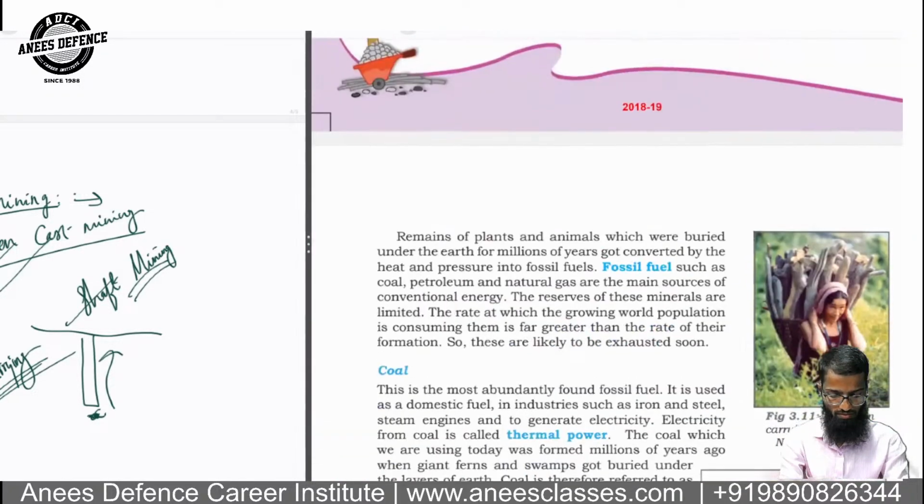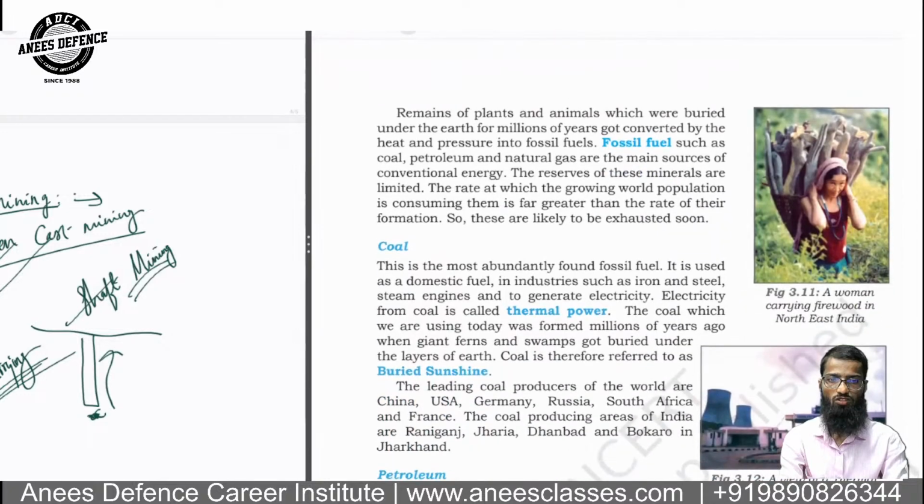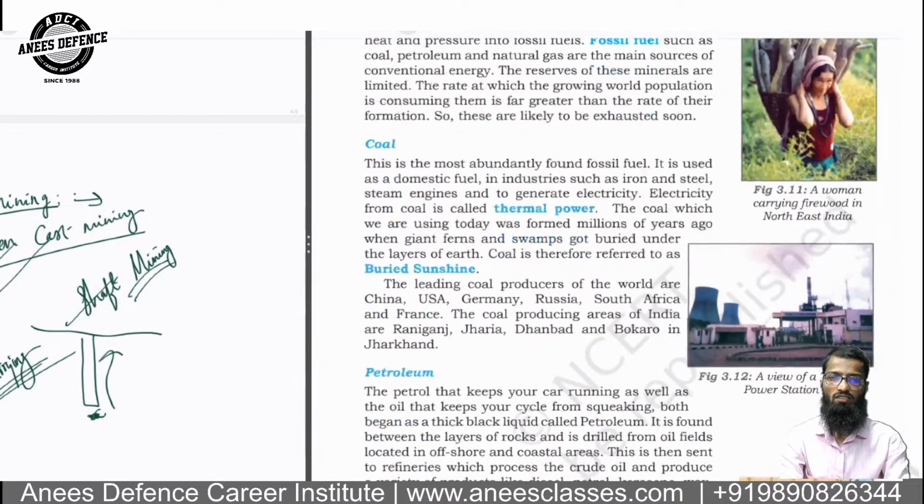So now we will move ahead to something which is called coal, the most abundant fossil fuel on the earth, which is used as a domestic fuel and in industries such as iron and steel, for steam engines to generate electricity. That is called the thermal power. Now you understood what is thermal power.